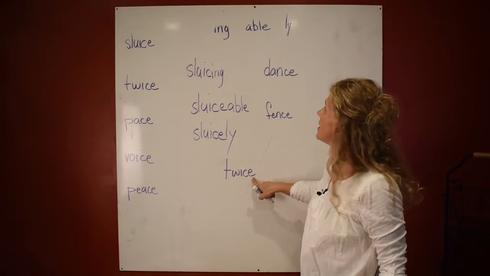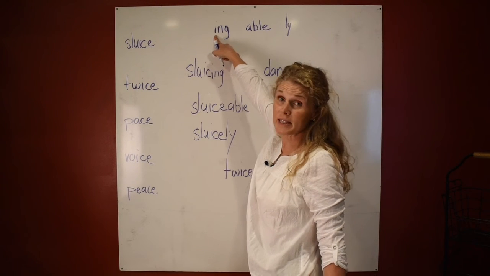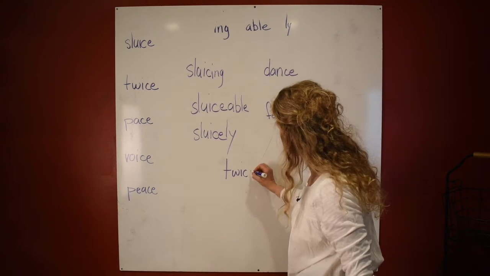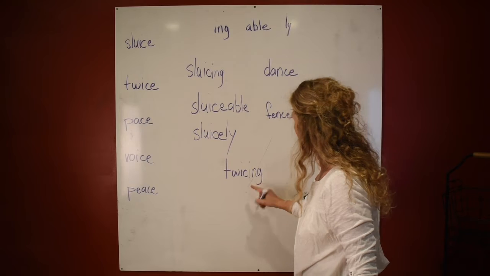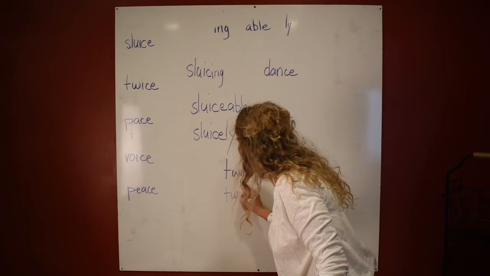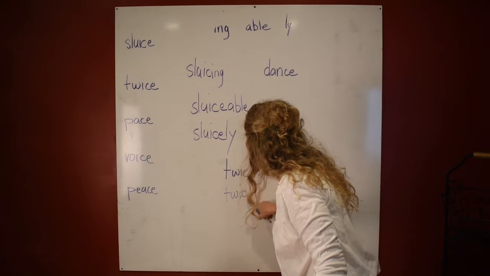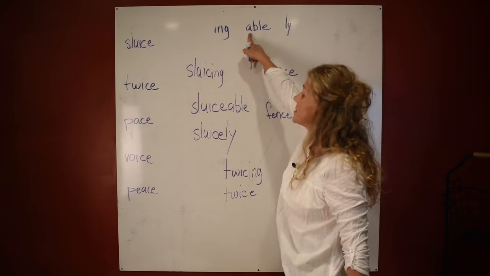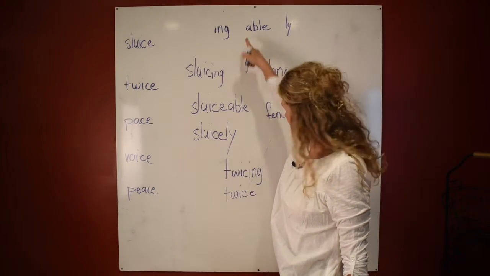Well, you have a CE here. So, is this an E, I, or a Y? Yes. So, drop your E and add on your vowel suffix, twicing. Okay, twice. Well, is this an E, I, or a Y? It's not.